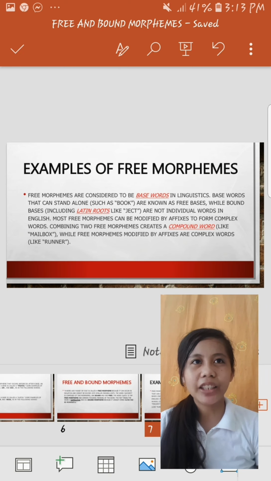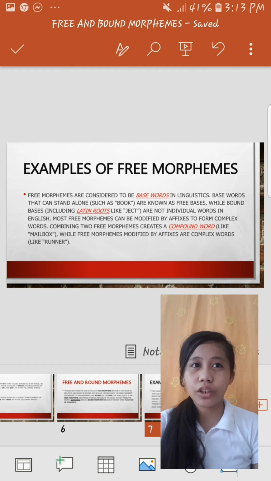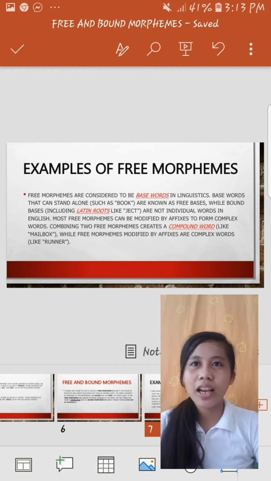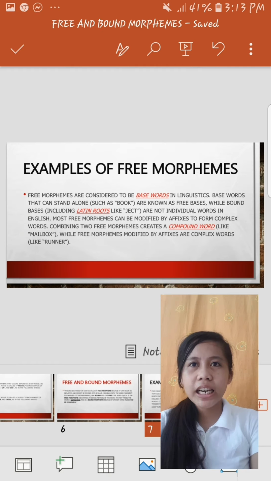Alright, class, next we will have the examples of free morphemes. Free morphemes are considered to be base words in linguistics. Base words that can stand alone, such as book, are known as free bases, while bound bases, including Latin roots like ject, are not individual words in English.